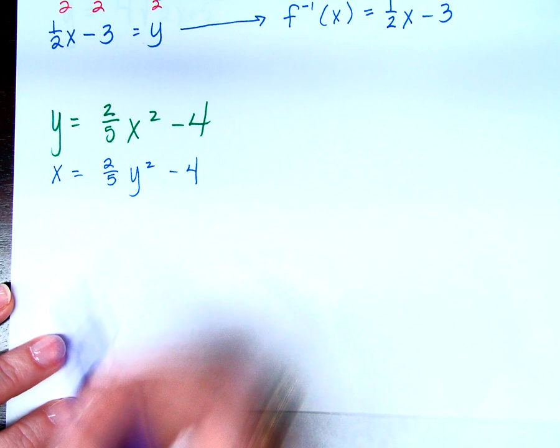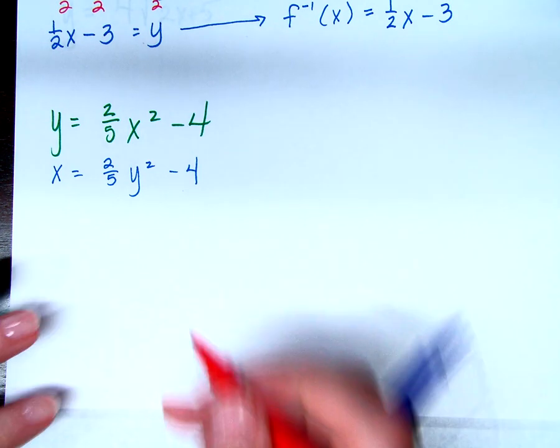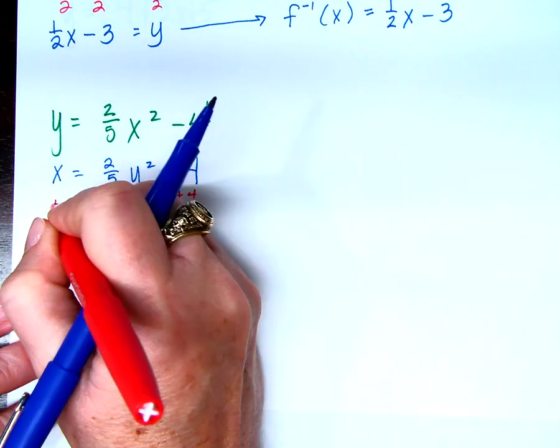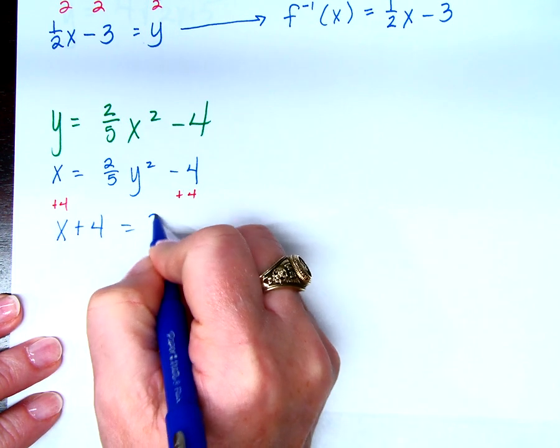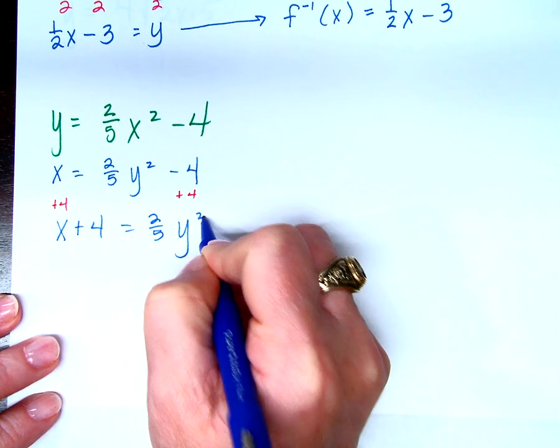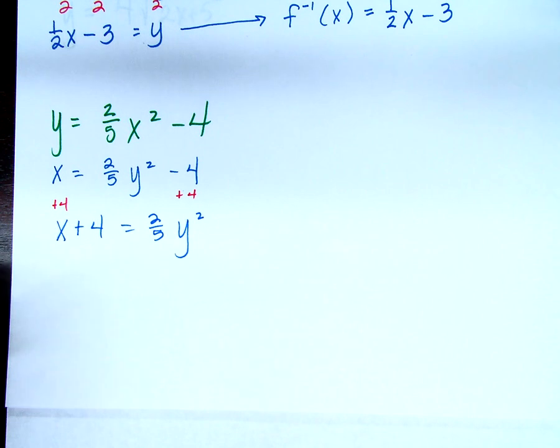So what do I need to do first to solve for y? Add 4, good. So x plus 4 equals 2/5 y squared. How do I get the 2/5 away from the y squared? So yeah, normally I would divide, right? But it's a fraction. Do we divide fractions? What do we do instead?